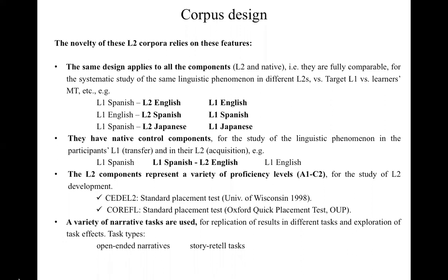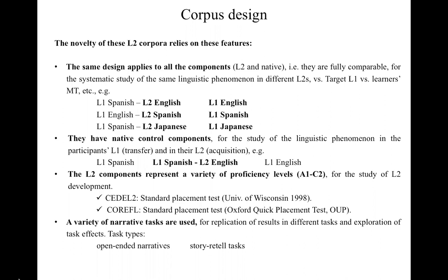This is so that we can carry out a systematic analysis of the same linguistic phenomenon in the three different L2s that are represented, and we can compare that against the native language and also against the learner's mother tongue. And having typologically different L2s represented in the corpora will be very interesting as well.